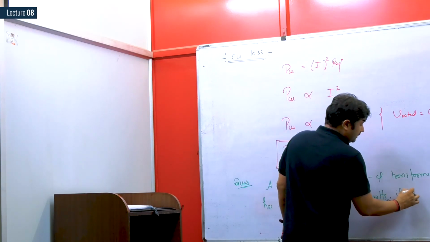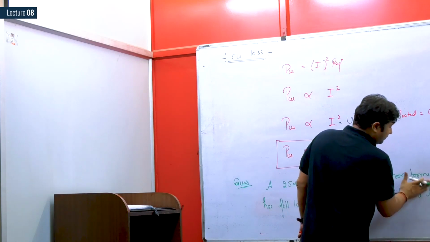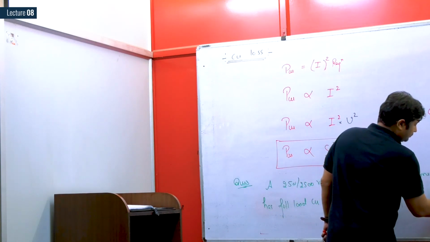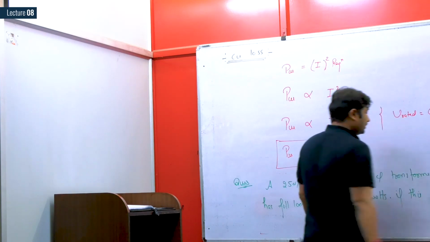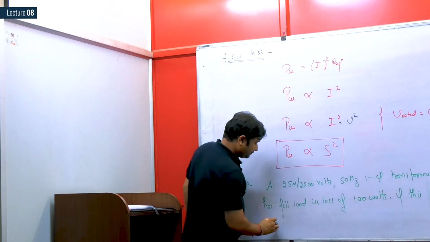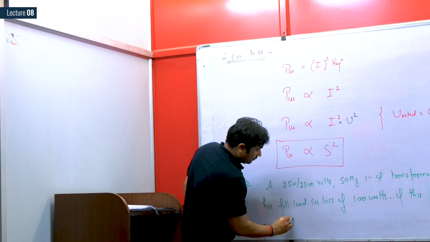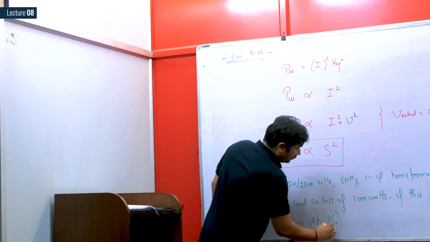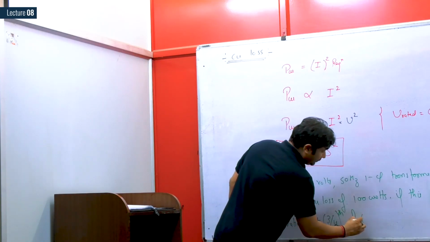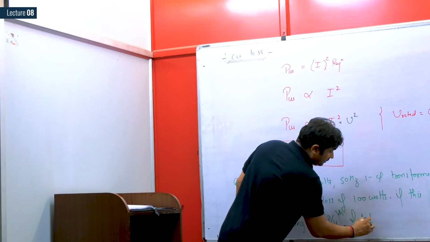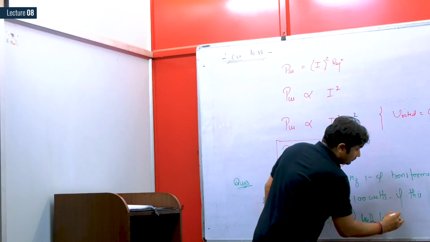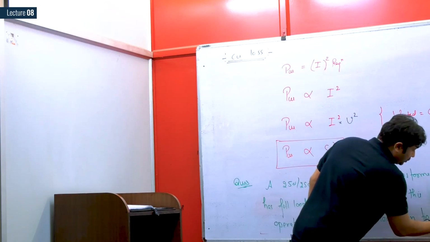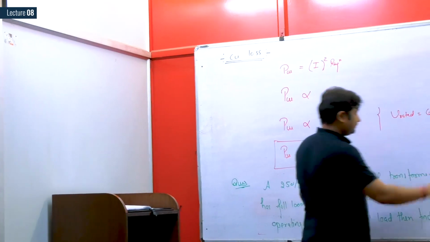If this transformer is operating at 3/4 of full load, then find the copper loss.